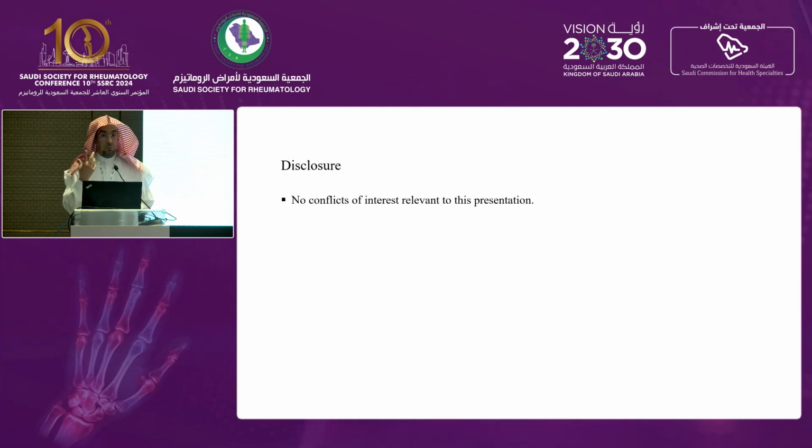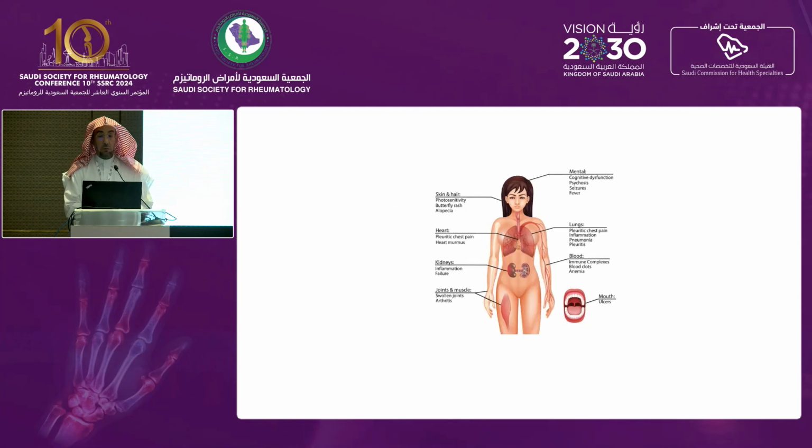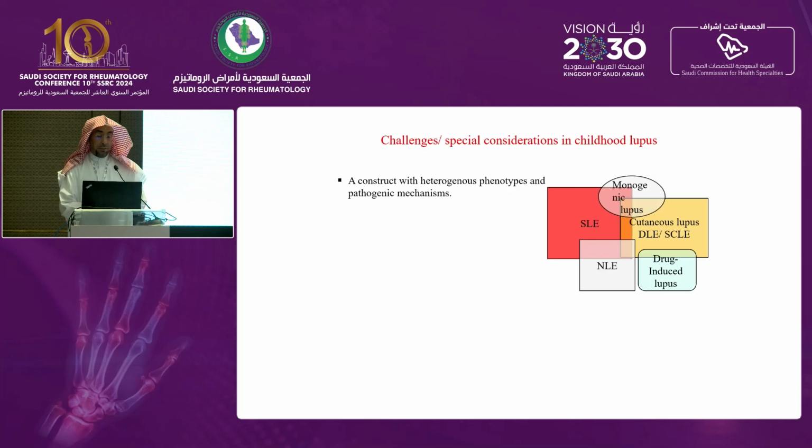In my view, lupus should be considered a construct because it includes more than one entity. All the time we use SLE, but I think we have to use childhood lupus because as pediatric rheumatologists, we are seeing a wider spectrum than our colleagues in adult rheumatology.